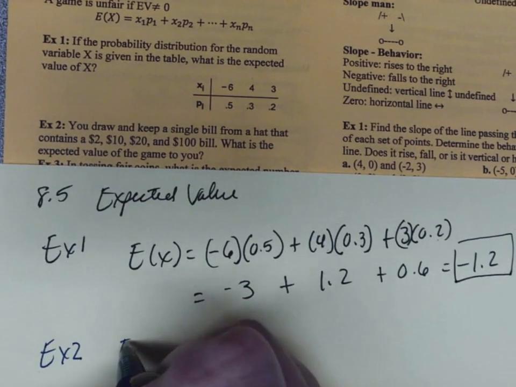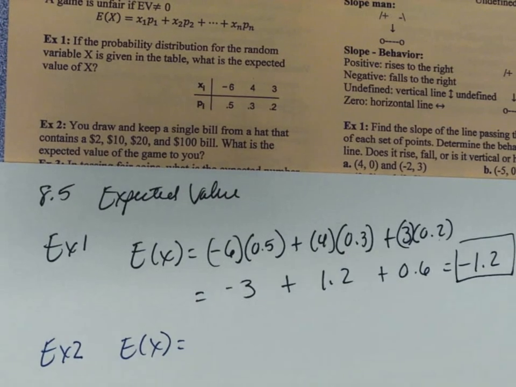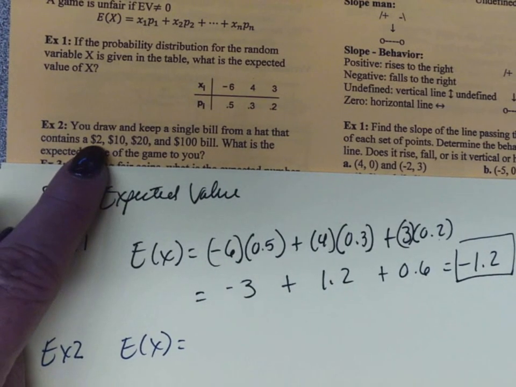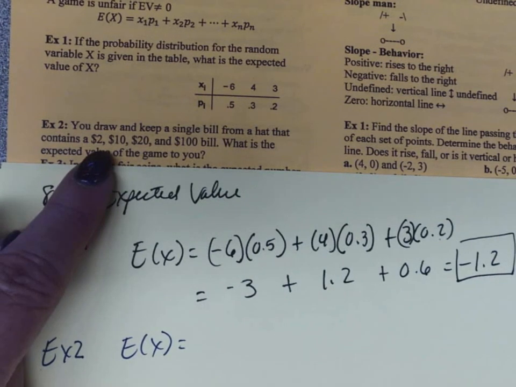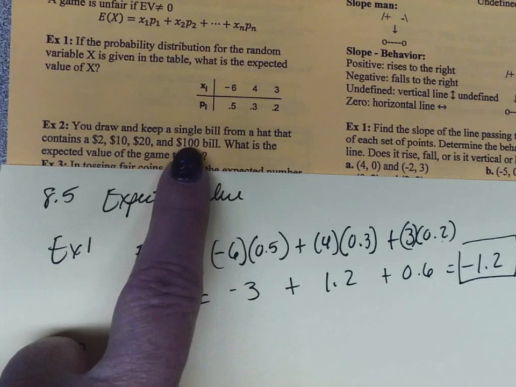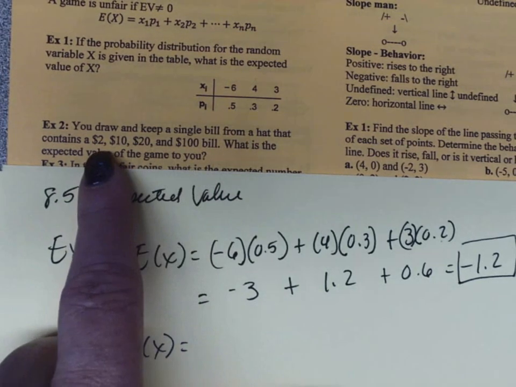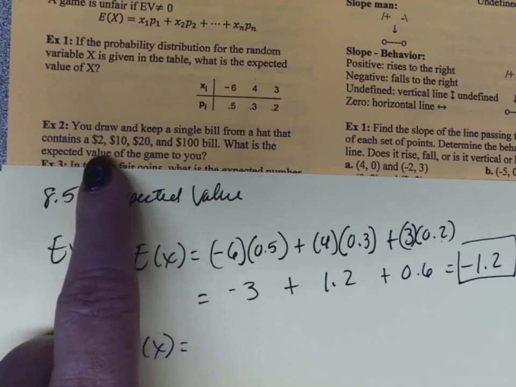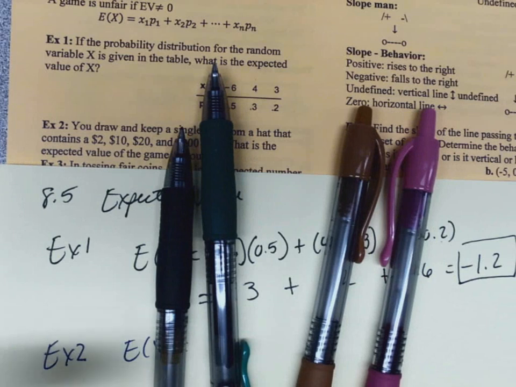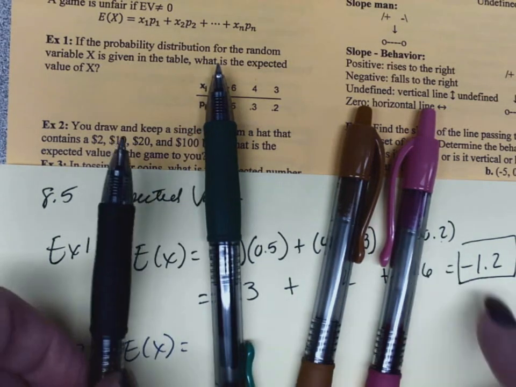So this time we have our E of x is equal to, now this is the value of our x, but what is the probability? We have 1, 2, 3, 4 bills, so we have a chance of getting each one 1 out of 4. So because there's 4 in there, if I put 4 pens in here, the probability of pulling one of those pens is 1 out of the 4.